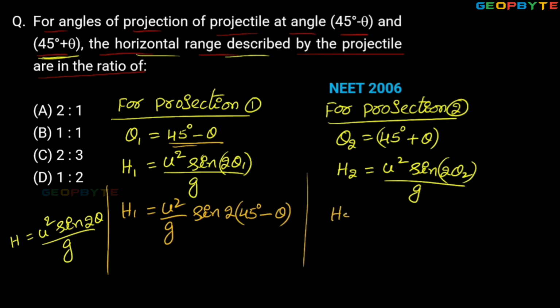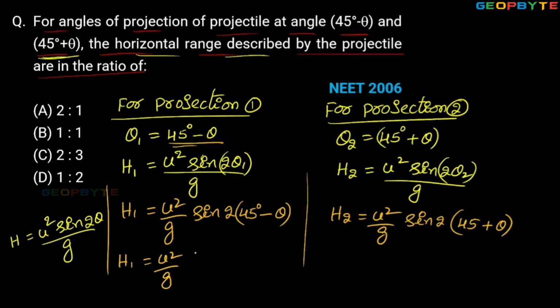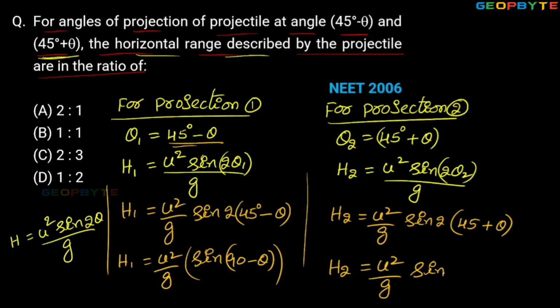Similarly, H2 is equal to u square by g sine 2 into 45 degrees plus theta. So H1 is u square by g sine of 90 minus theta, whereas H2 is u square by g into sine of 90 plus theta.